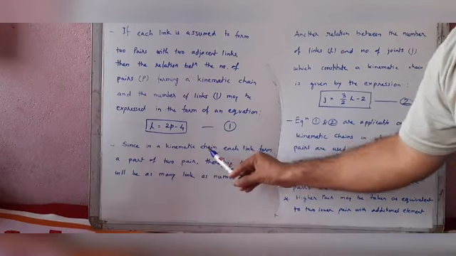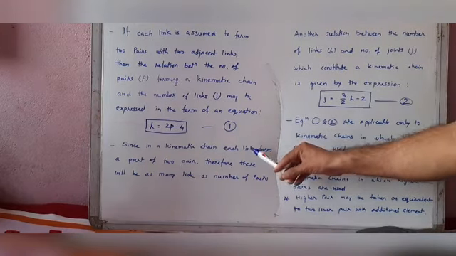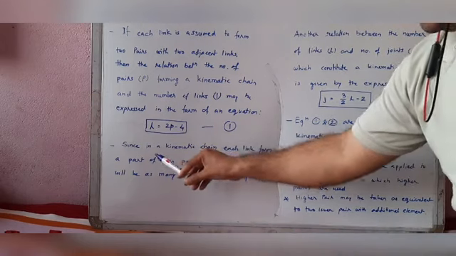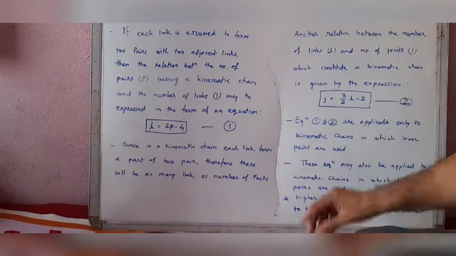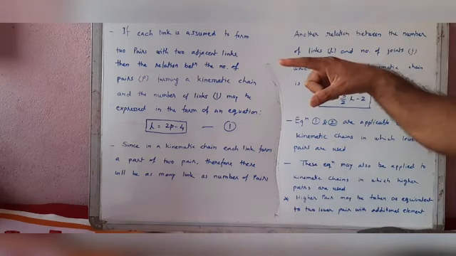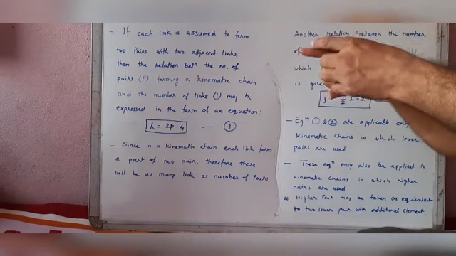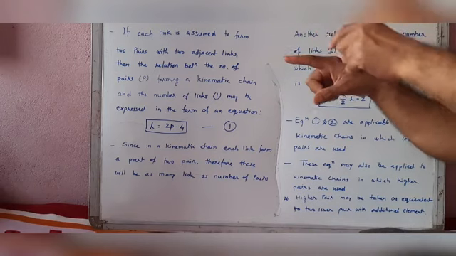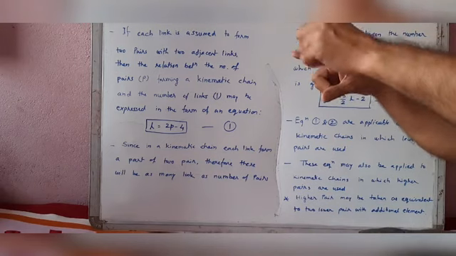In a kinematic chain, each link forms a part of two pairs. If one link is connected here and connected here, one link may be part of two pairs. This link also makes a part of this.